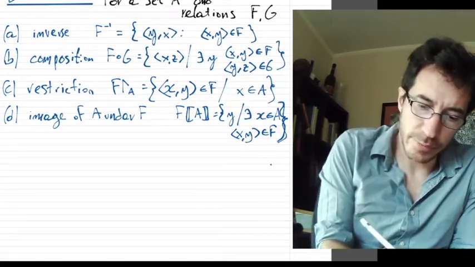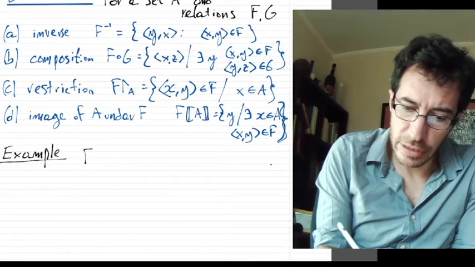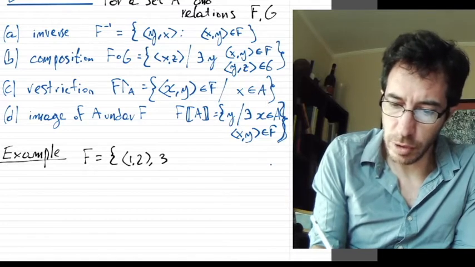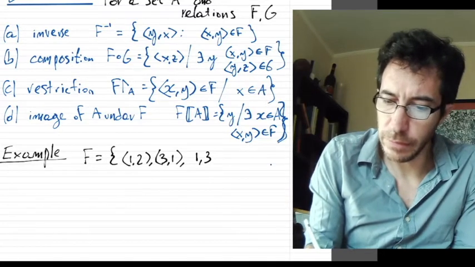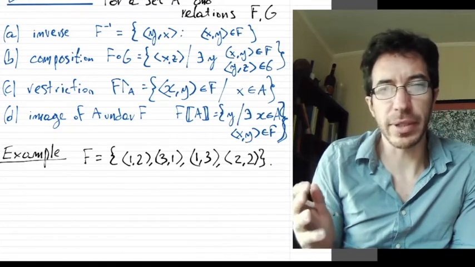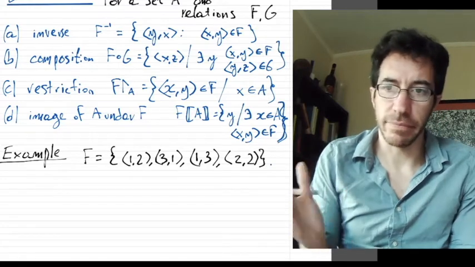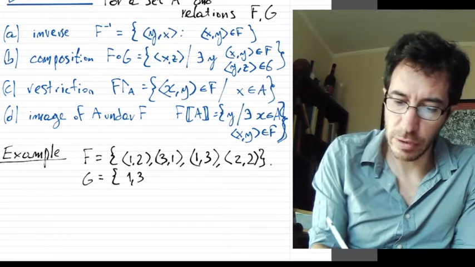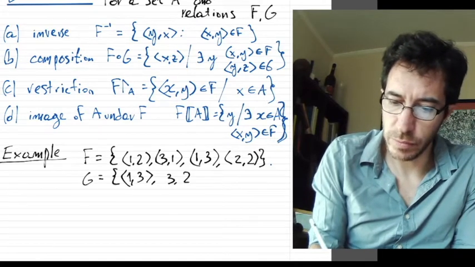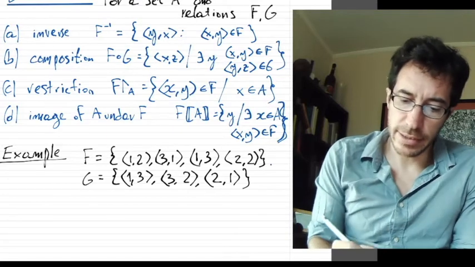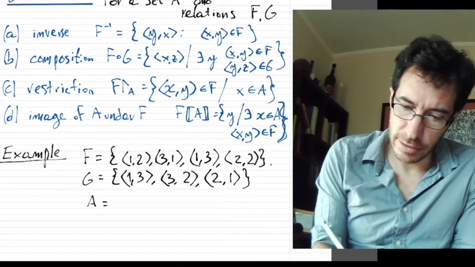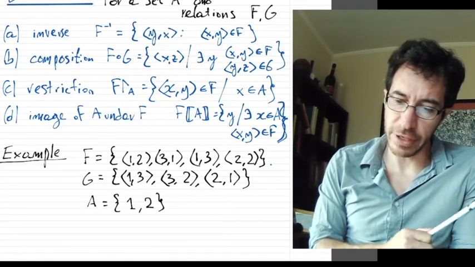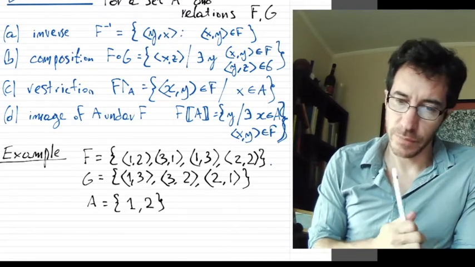Okay, let's look at an example. Suppose that f is the set of pairs (1,2), (3,1), (1,3), (2,2). I know we don't have numbers yet, but we're going to have them later, so let's just assume we have the numbers for the example. And g is (1,3), (3,2), (2,1). Let's say that A is the set {1,2}. First, is f a function or not?